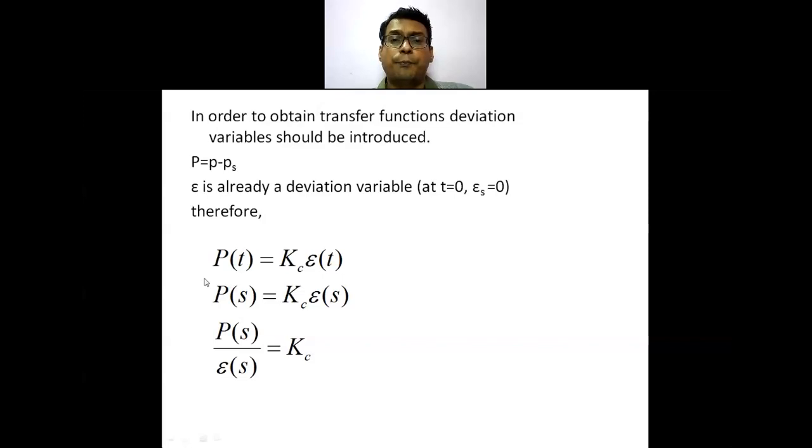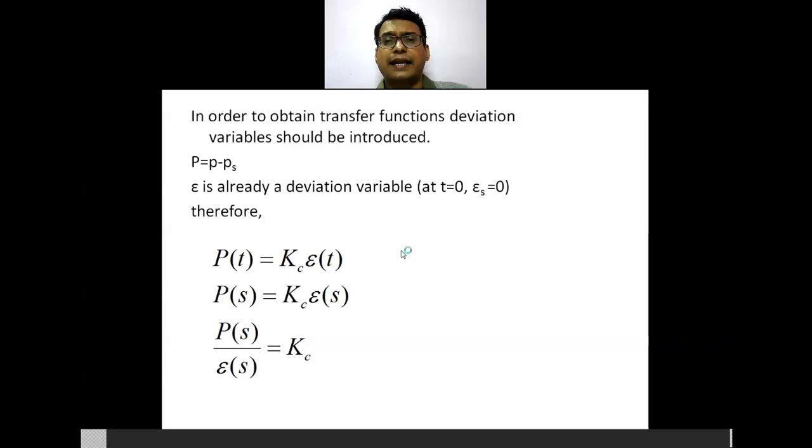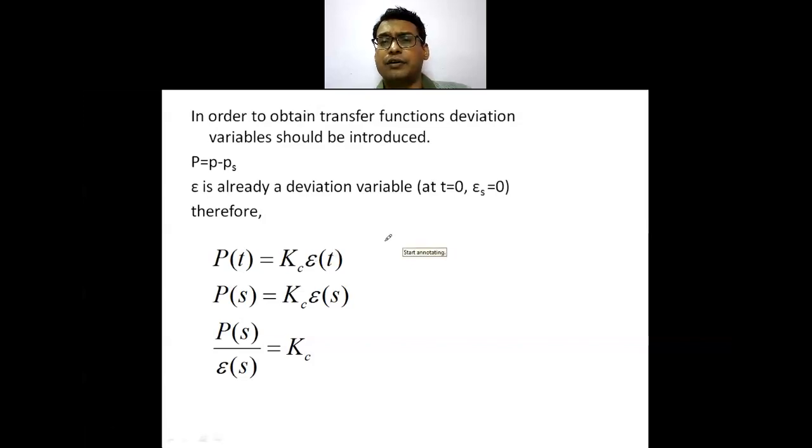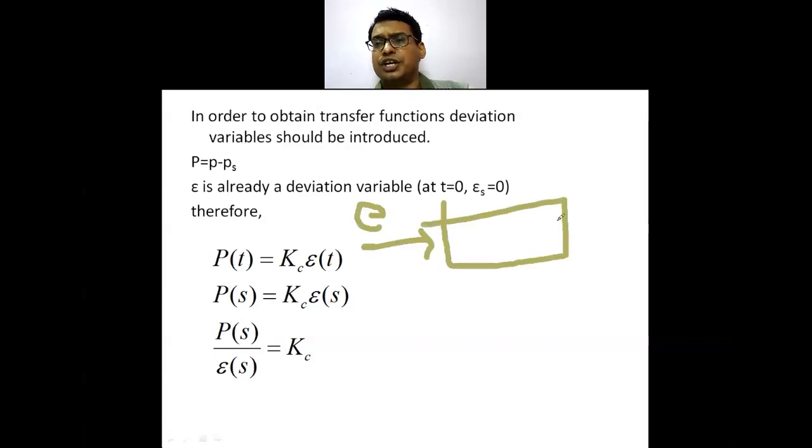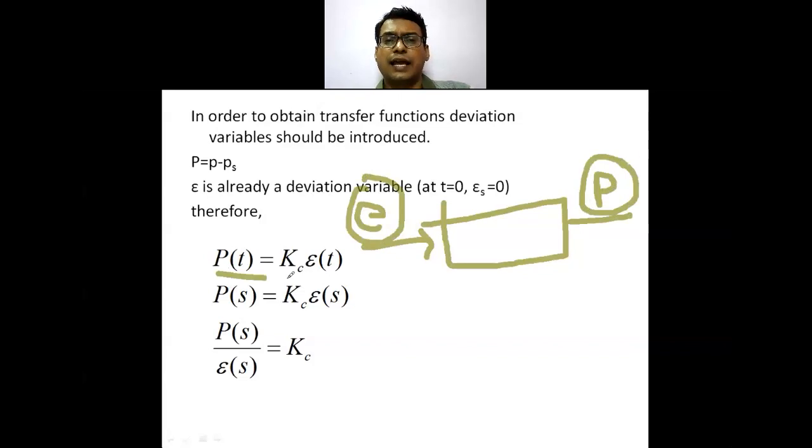So the PT, which is the controlled output, controlled pressure, and epsilon Et, that is the error E, the controller GC, and your output is the P. So this pressure is directly proportional to the generated error, and the proportionality constant is your Kc, the controller gain.